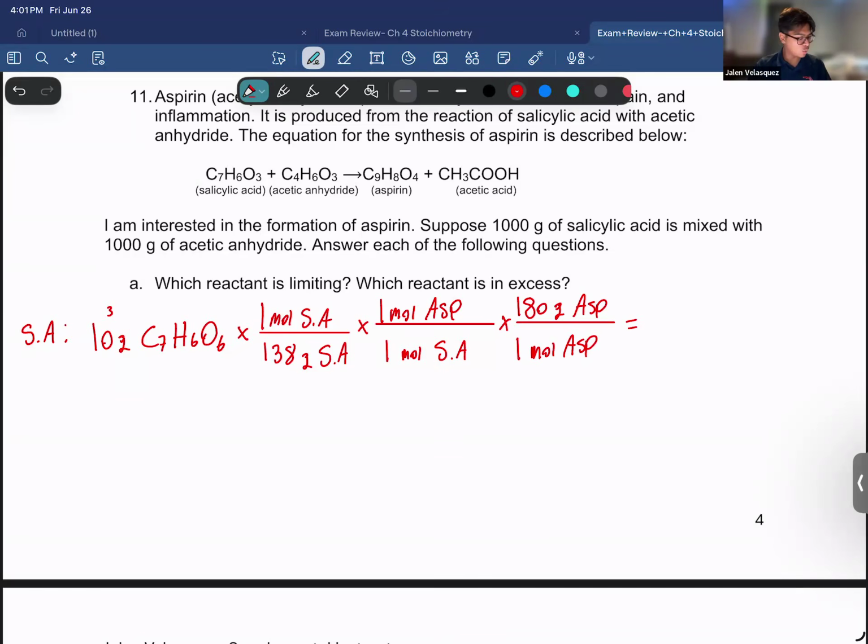So when you calculate that, you will see that the 1,000 grams of salicylic acid makes 1,304.34 grams of aspirin. And because it's a limiting reactant problem, we have to do the same thing for our other reactant. So now we have for acetic anhydride, 1,000 grams of that also.